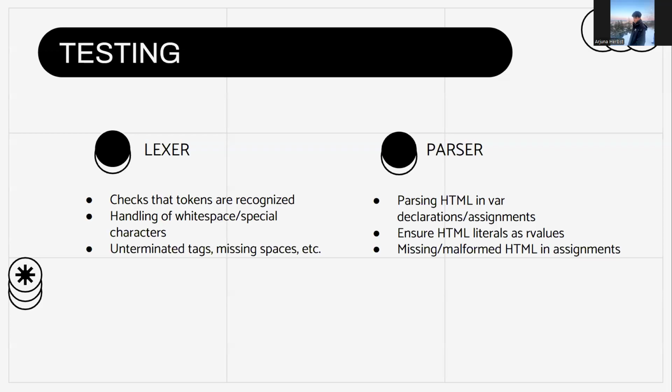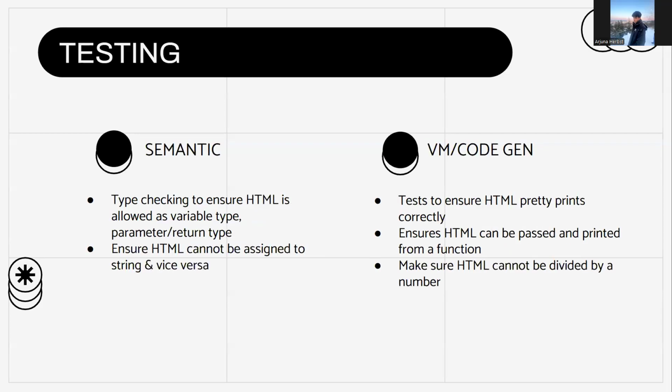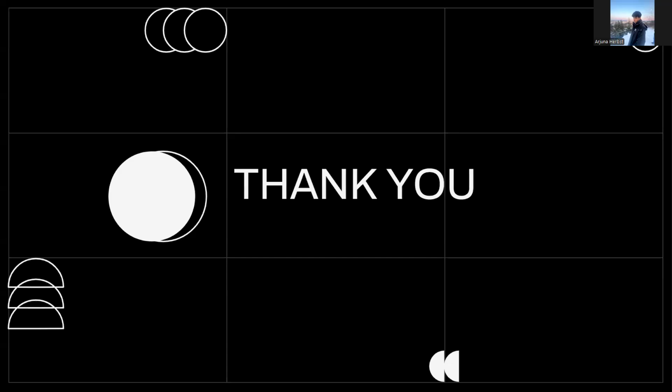And then for the parser, I had to make sure that it could understand that you're able to have HTML, and you can assign variables to HTML values. Again, I had to ensure that HTML literals are treated as R values, and then again, making sure that HTML can't go through illegal math operations, which would probably break MyPL.